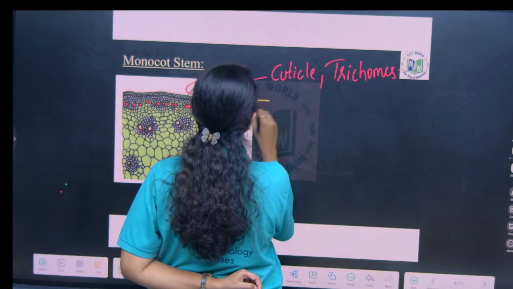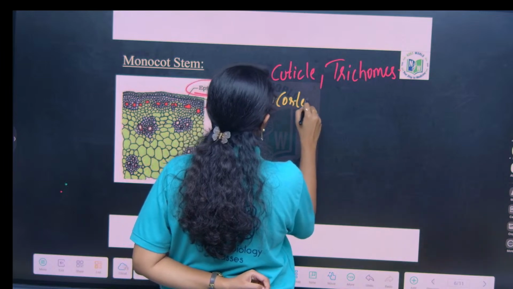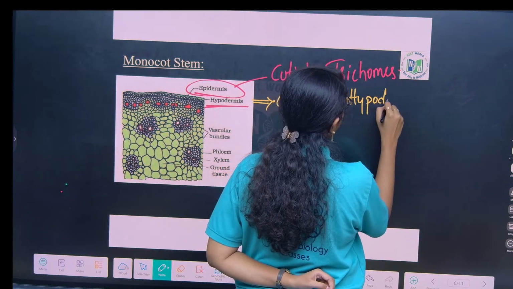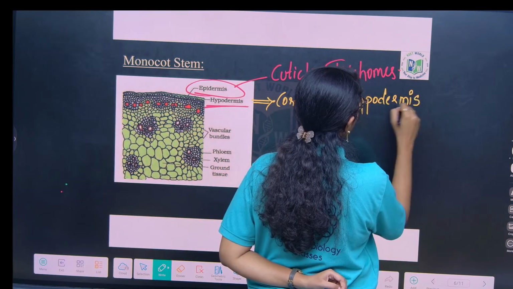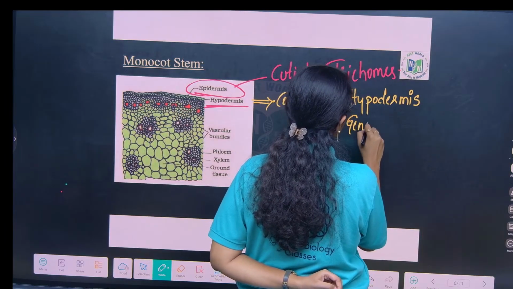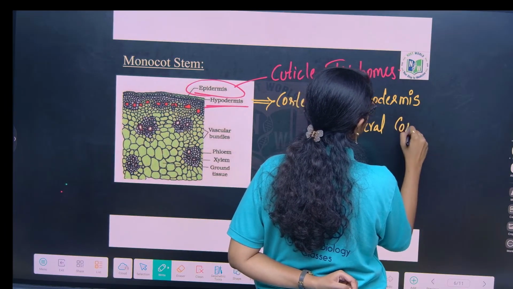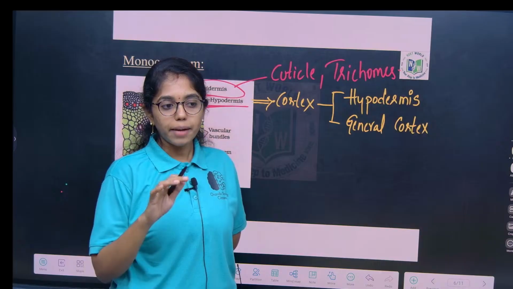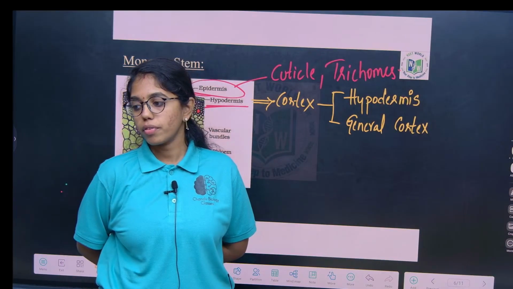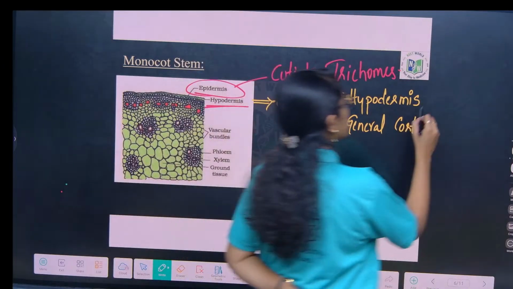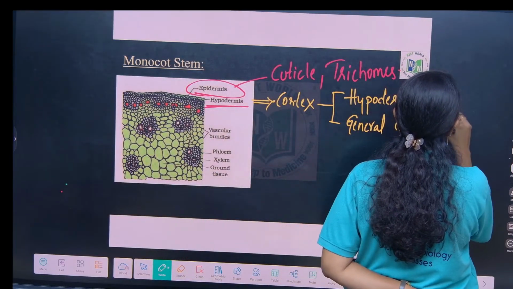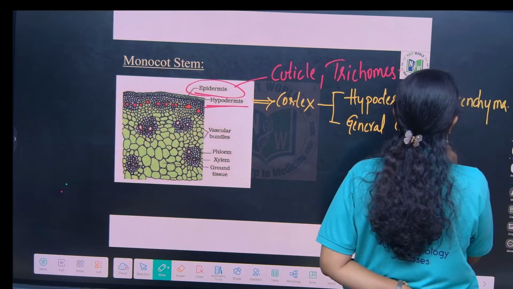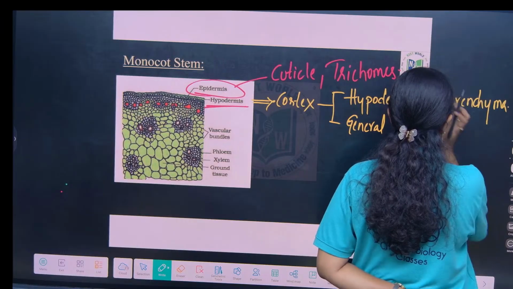So cortex here is just having hypodermis and general cortex. Hypodermis in dicot stem is made up of? Hypodermis in monocot stem is made up of sclerenchyma. And general cortex is parenchymatous.